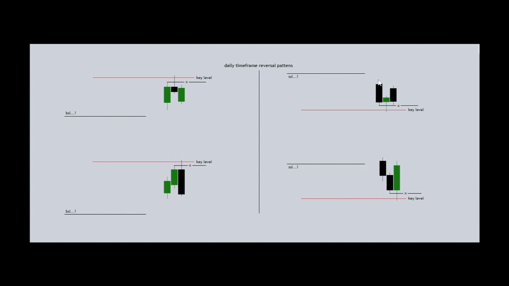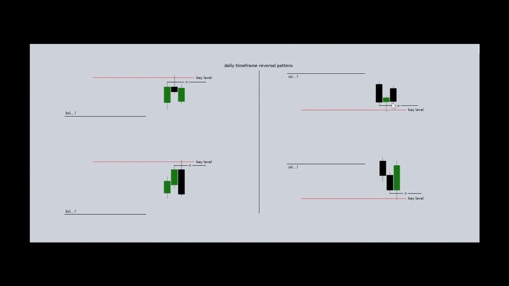We have the first candlestick, which is this bigger candlestick. And then the second candlestick must be in the middle. This candlestick must fail to close below this one after it has tapped the key level. When it fails, the third candlestick must close above the first candlestick.